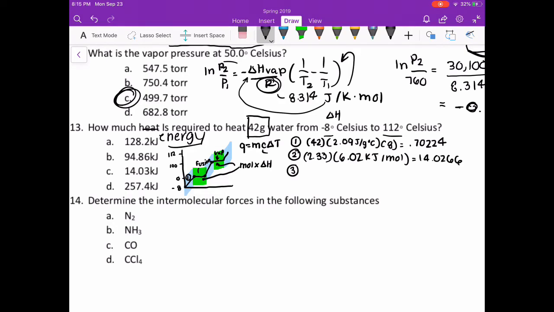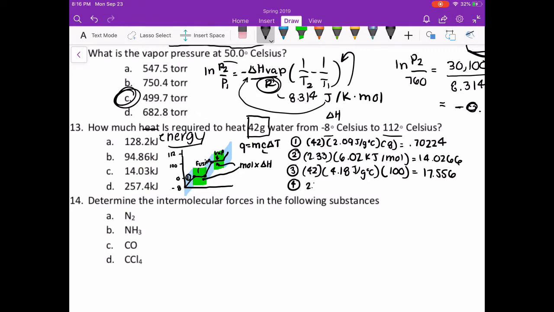For step 3, I'm just doing Q equals MC delta T again, but using a different C and delta T. So 42 times 4.18, which is something that should also be given to you, times my temperature change. It started at 0 and ends at 100, so it's a change of 100 degrees. You should get approximately 17.556.